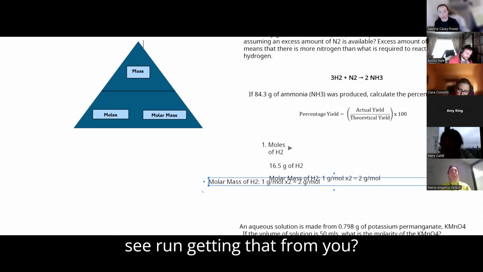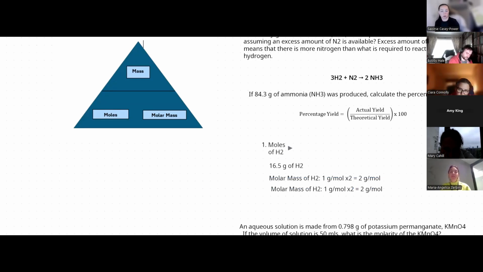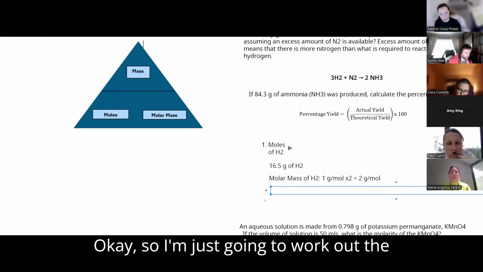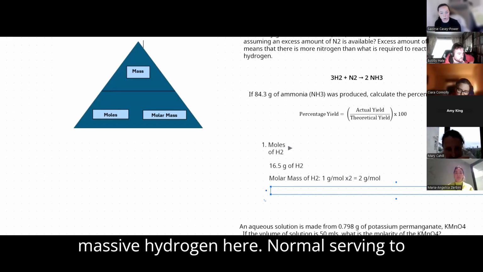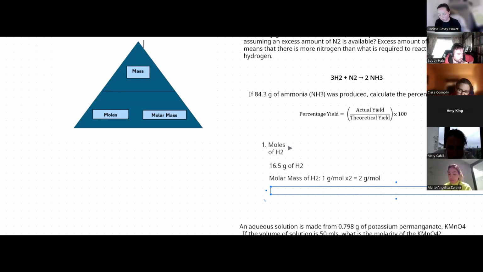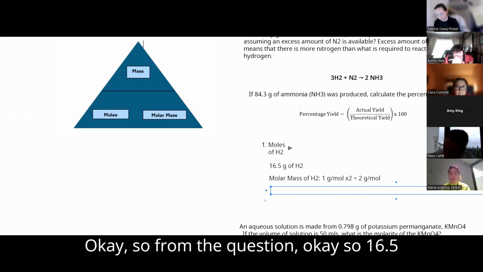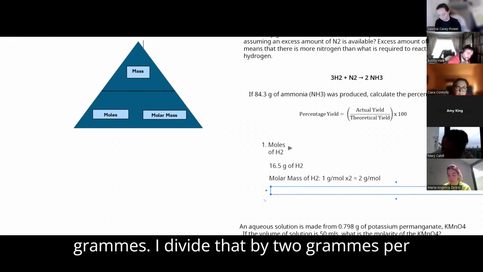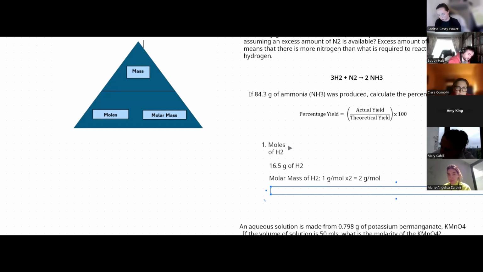Can everyone see where I'm getting that from? Yeah. Okay, so I'm just going to work out the moles of hydrogen. From the question, 16.5 grams, I divide that by 2 grams per mole, and it should give me 8.25.